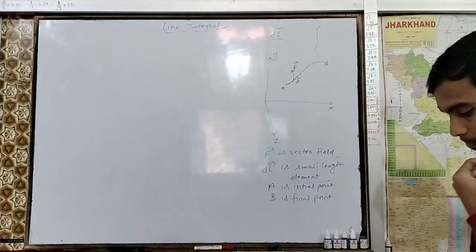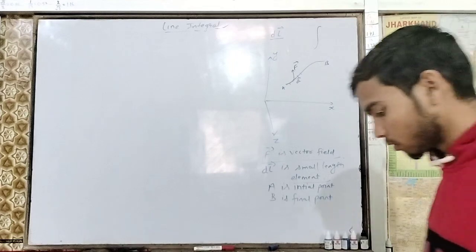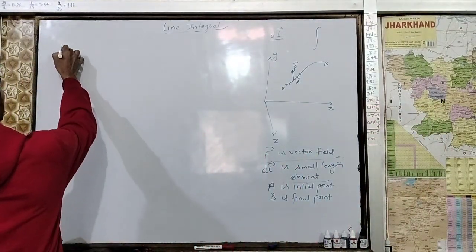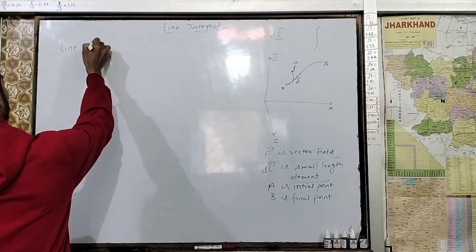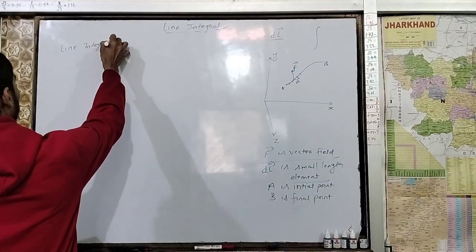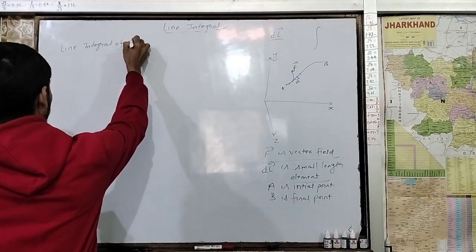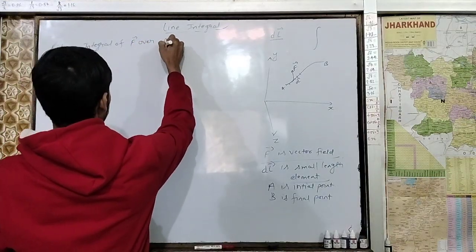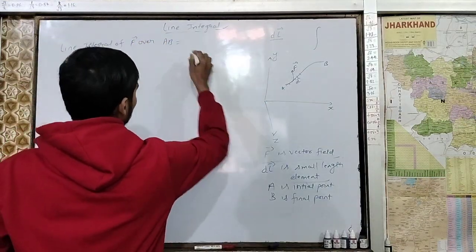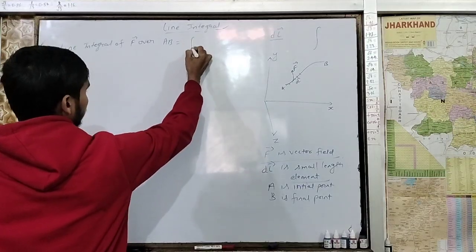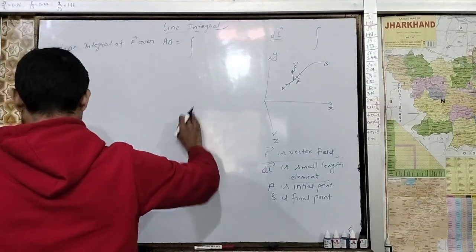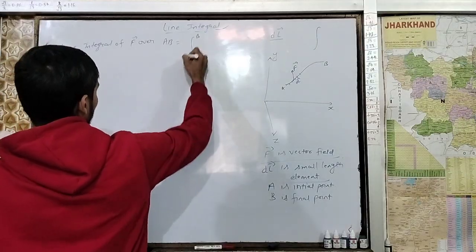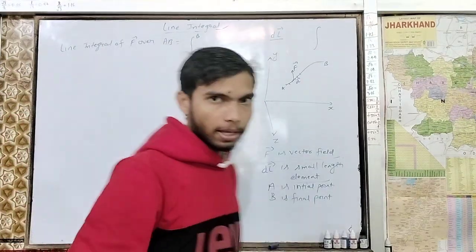So, the line integral of vector f over AB, from A to B. For this integration we use the symbol from A to B, which are the limits.